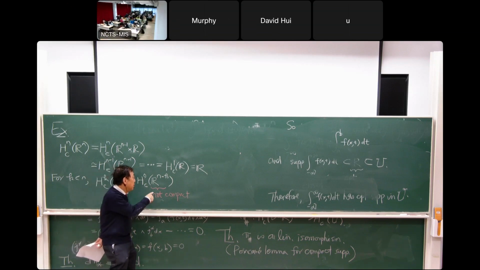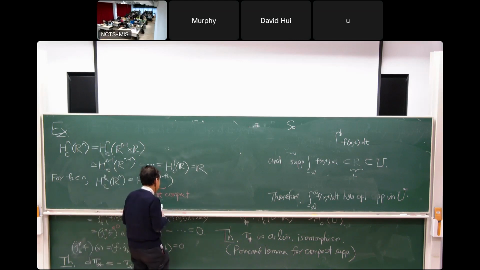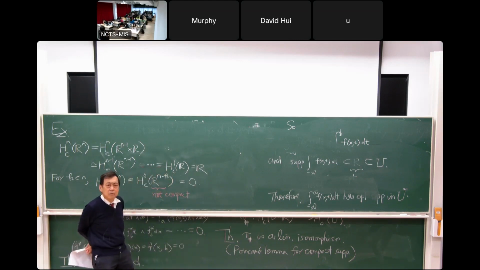So on a non-compact set, a constant function has non-compact support unless it is 0. So this is 0. Oh, yeah, this was a homework problem, right? Yeah, right.